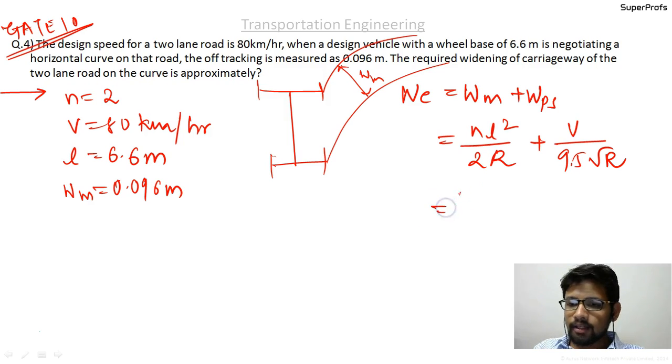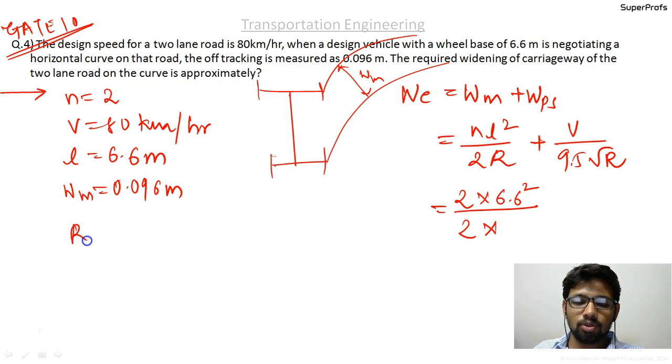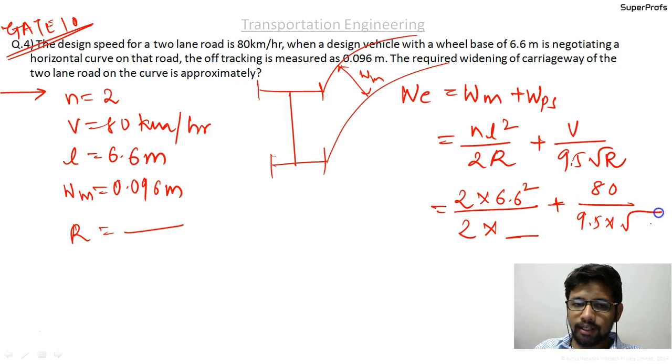So N is 2, since it is a two-lane road. The length of the rigid wheelbase is 6.6 squared, upon again 2 into, what is the R value? R is missing. R is not known to us, so I'll leave the space for R blank. The V value we have is 80 kilometers per hour. It is an empirical formula where we put the V value in kilometers per hour, and 9.5 into radius, again R is missing.